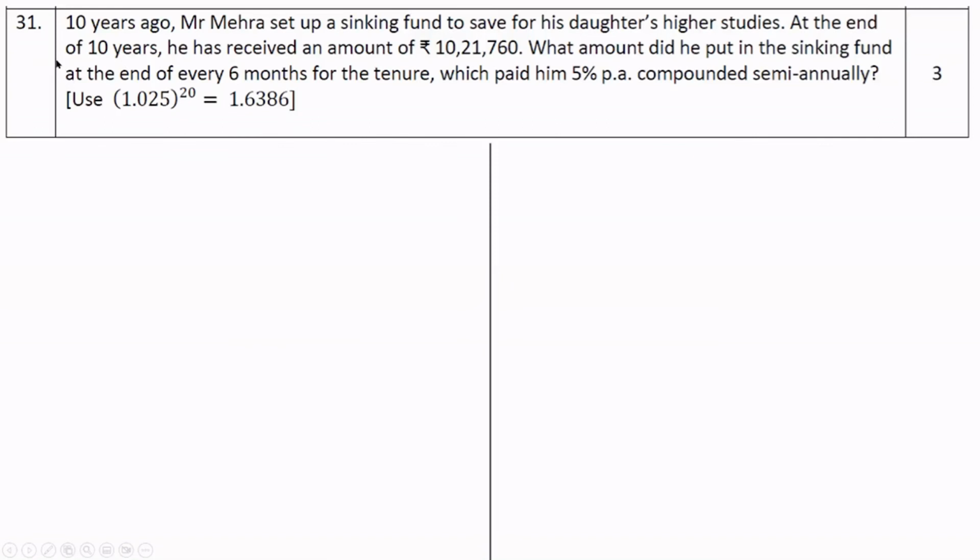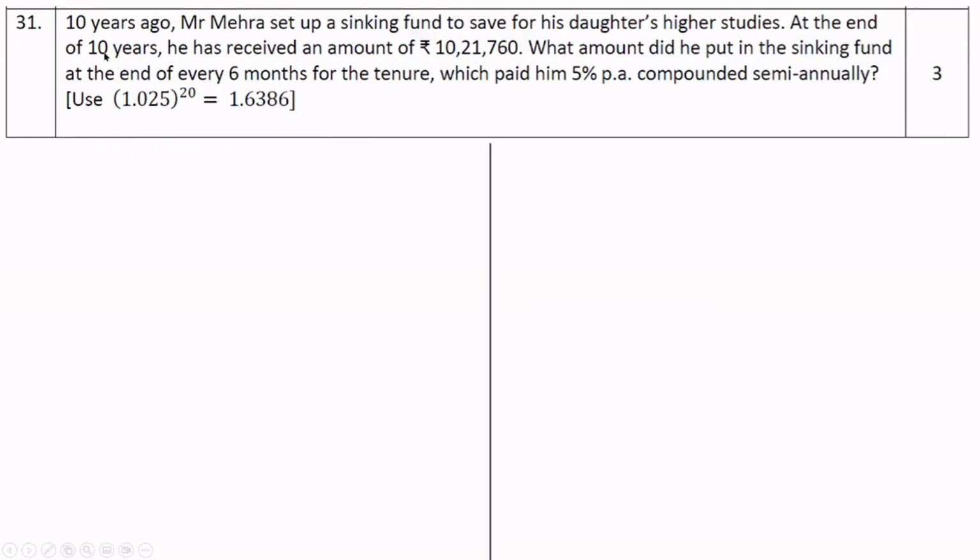Next question. 10 years ago, Mr. Mehra set up a sinking fund to save for his daughter's higher studies. At the end of 10 years, he has received an amount of rupees 10,21,760. What amount did he put in the sinking fund at the end of every 6 months for the tenure, which paid him 5% per annum, compounded semi-annually?